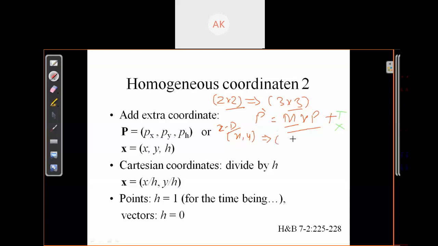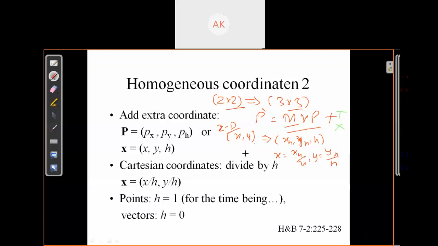We will write these points as xh, yh and h, where x can be determined by xh by h, and y equals yh by h. So this is the form.